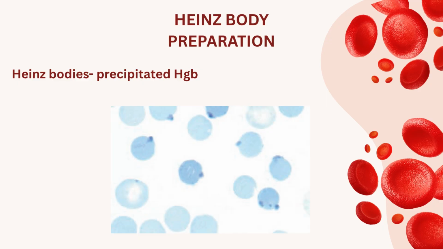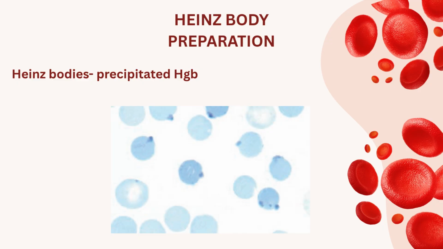So, examples of drugs commonly associated with the presence of Heinz bodies are sulfonamides, nitrofurans, antimalarials, dilantin, streptomycin, and favism-related compounds. Now, the spleen will remove the Heinz bodies from the red blood cells and therefore they will not be commonly seen in fresh blood unless the patient has undergone splenectomy.